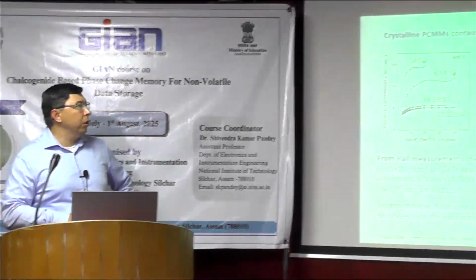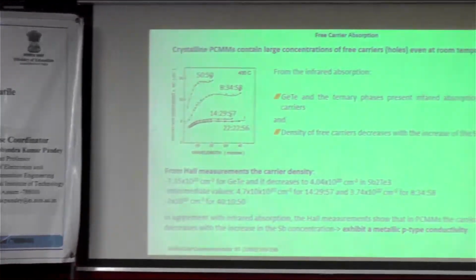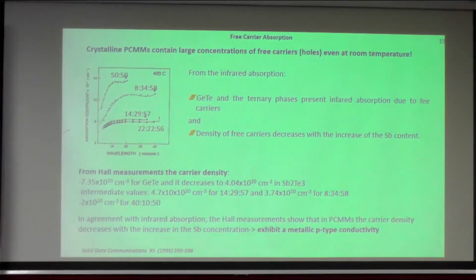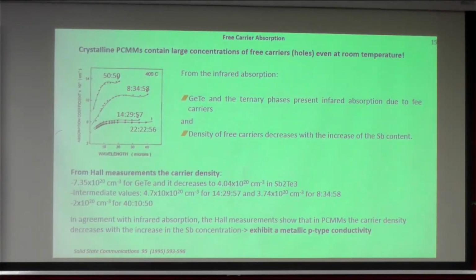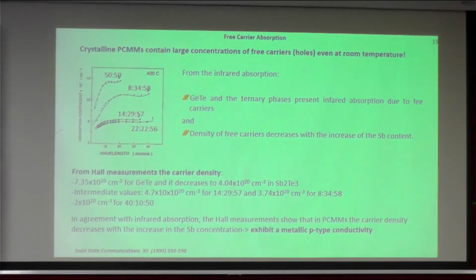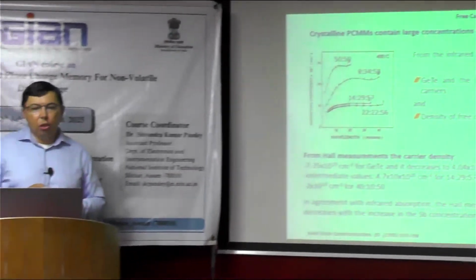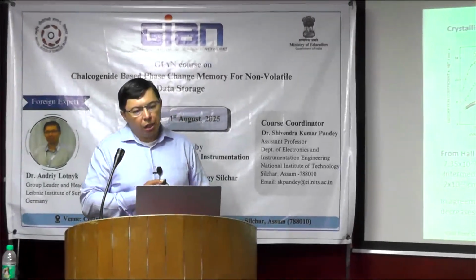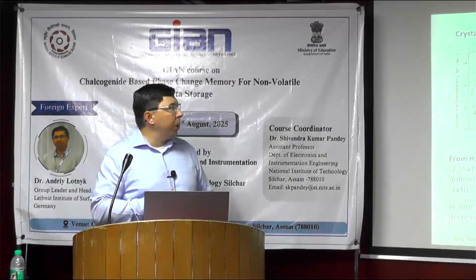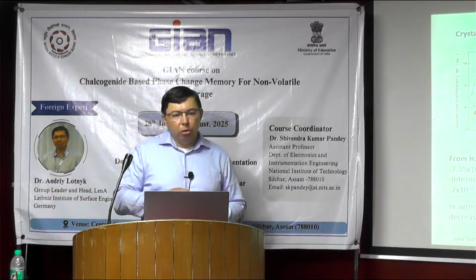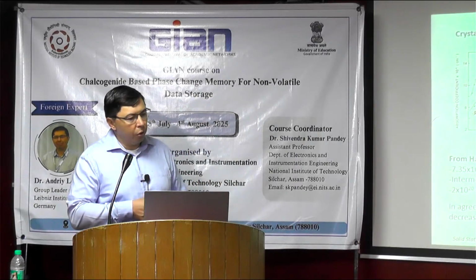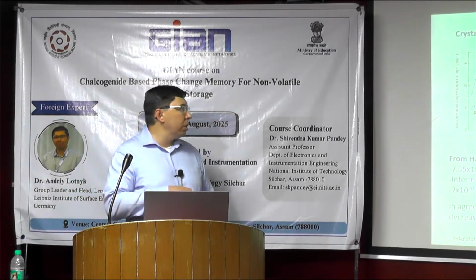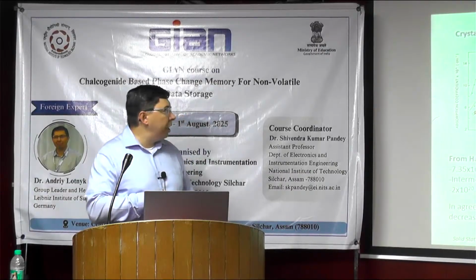So now also an interesting parameter, this is the free carrier absorption. The problem with phase change materials is that the crystalline phase change materials contain a large concentration of free carriers, like holes, even at room temperature. You can identify this from the infrared absorption in this wavelength range.